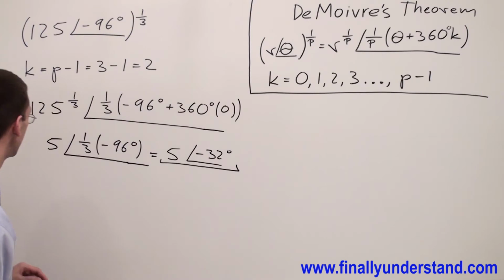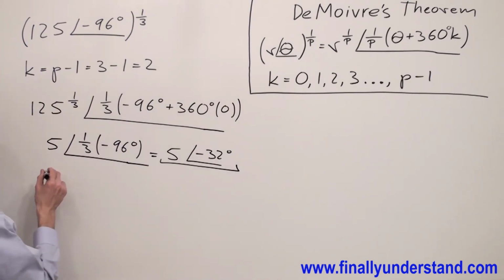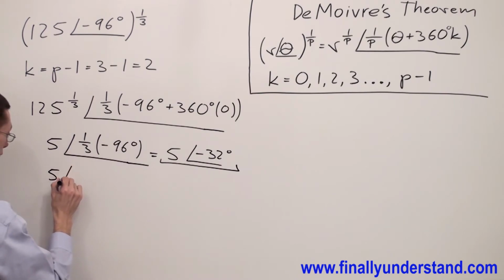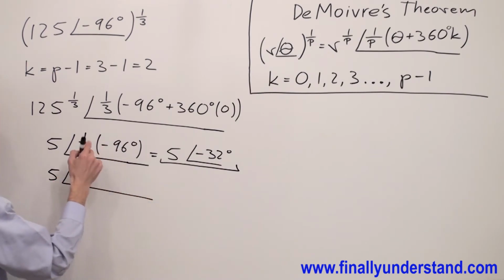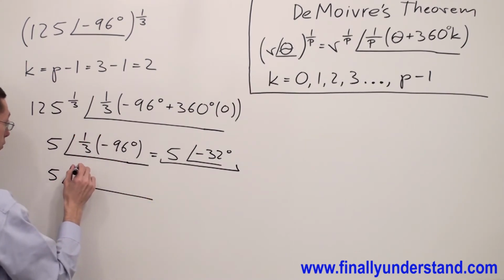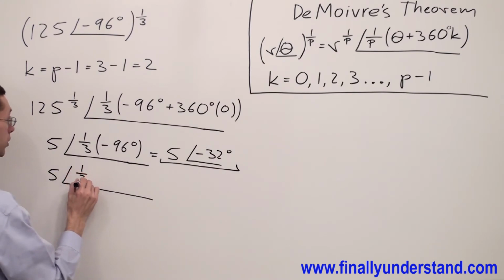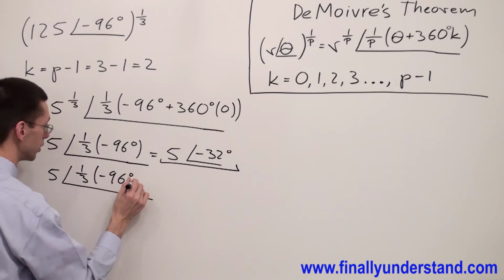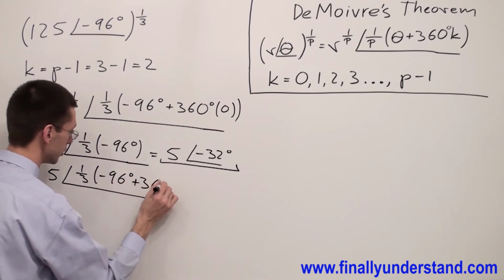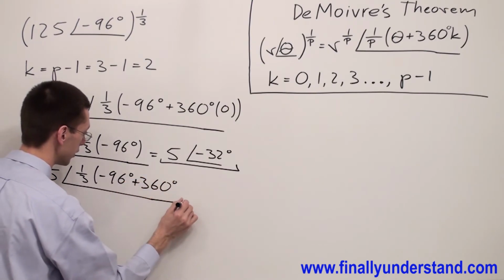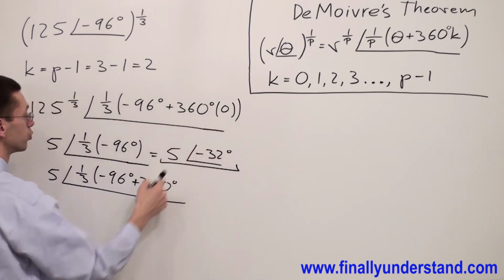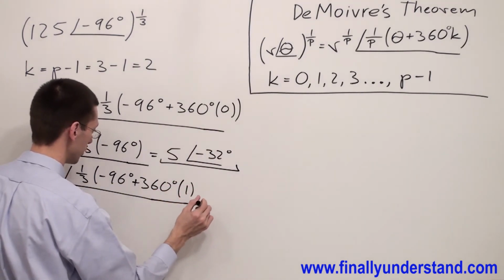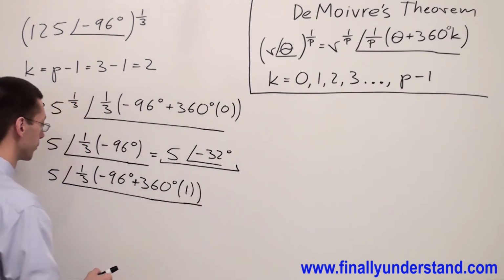Next, I'm supposed to find the second root. I have 5. I have to copy this part of my problem. I have 1/3, and I have negative 96 degrees plus 360 degrees, but instead of 0, I'm supposed to write the value of 1. K at this moment is equal to 1.